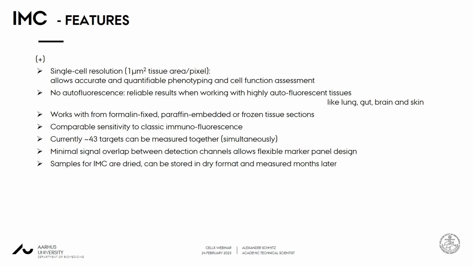The samples from the IMC are dried, so you can store them over a long time and measure whenever you have time or machine time is available. And it's a proven technology. Within the years since it was invented, there are now more than 200 peer-reviewed publications that can be used as a resource for defining panels and looking for applications.